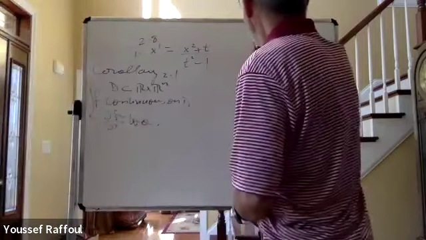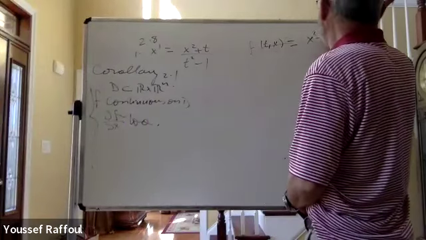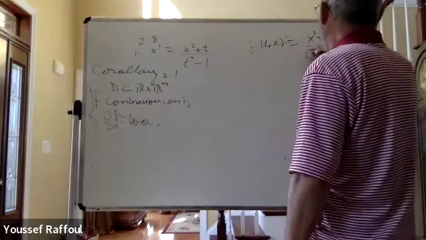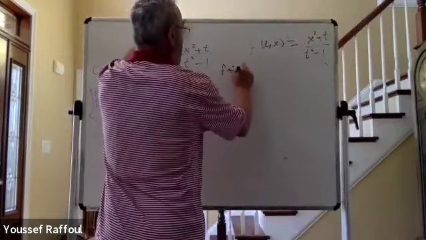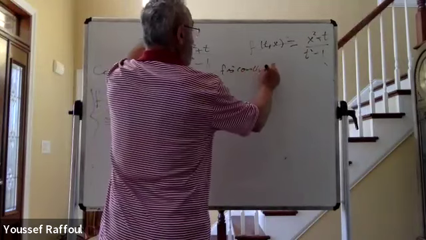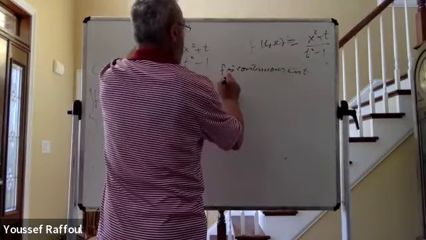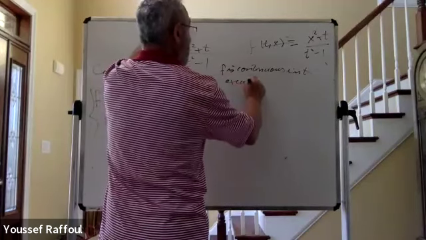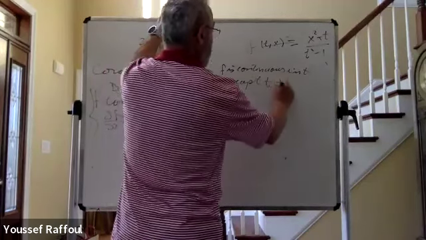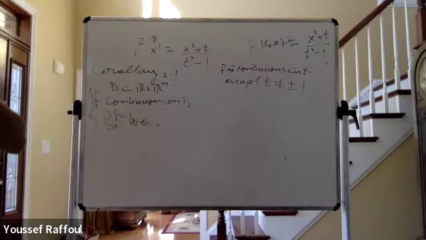All right. So here, f of t, x is x squared plus t over t squared minus 1. So f is continuous in t except t is different from plus 1 and minus 1. Okay?